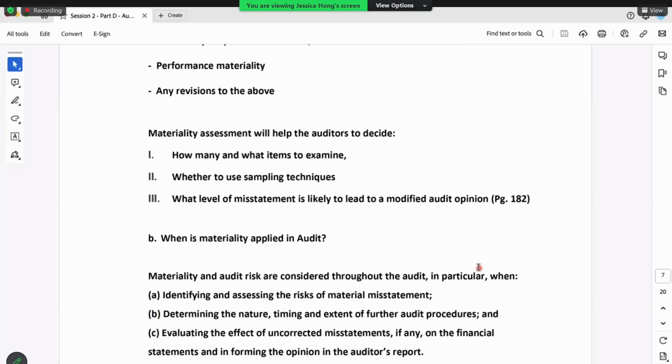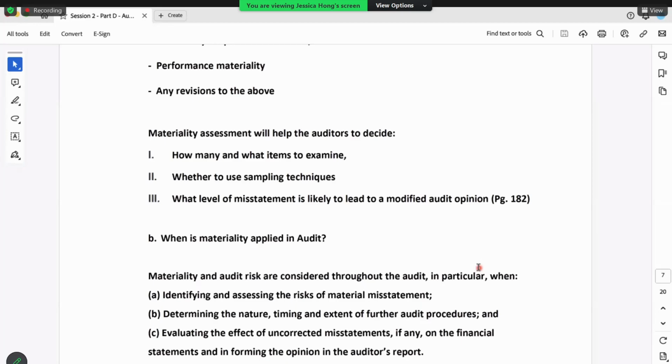Materiality assessment helps us in the end. During audit planning, we decide what areas we want to examine, how many samples we should select, how many audit procedures we should do, and what type of audit procedures. So materiality assessment is important.